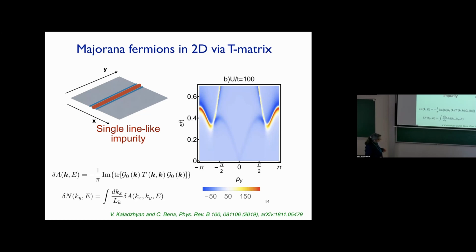You have exactly the same states as those obtained using numerical simulation, now obtained by our technique using the T-matrix formalism, the perturbed Green's function in the presence of the line impurity potential. So this is again an exact solution, nothing numerical.